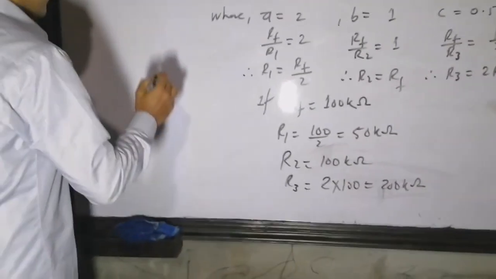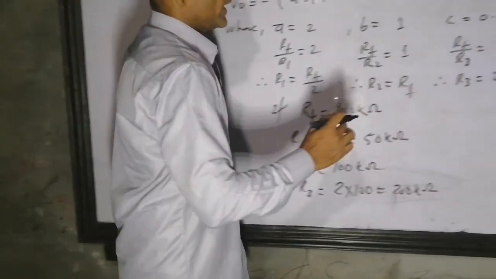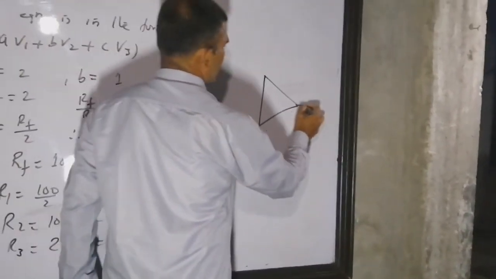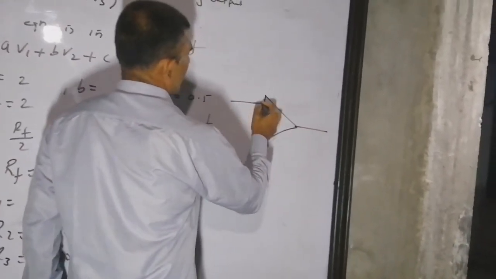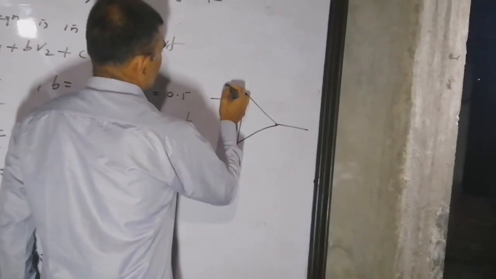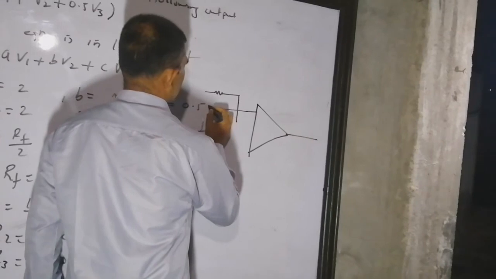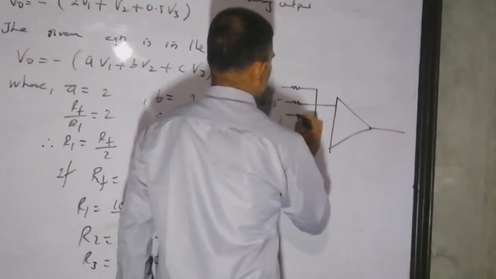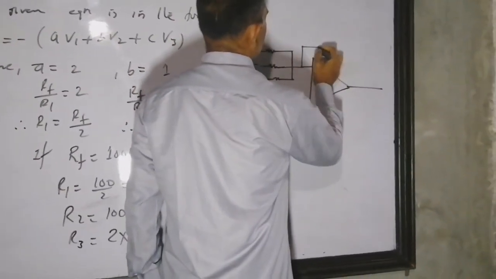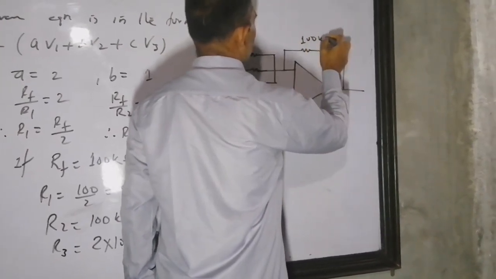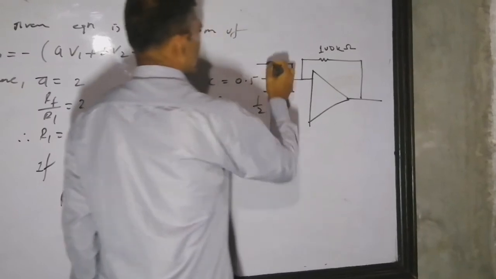So I need to design one circuit, and so now I will draw that operational amplifier circuit. Here is the output, and here are three inputs I have to give through different resistances. One resistance is here, another resistance is here, and the third resistance is this, and one feedback resistance. As you know, I just selected this as 100 kilo ohm. I told you this is not universal, you can choose your own.